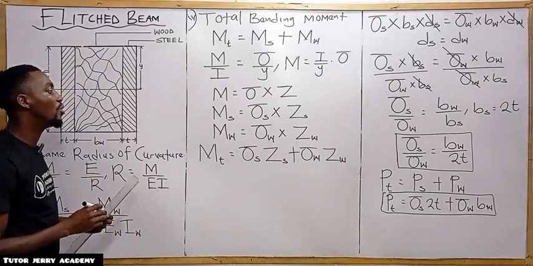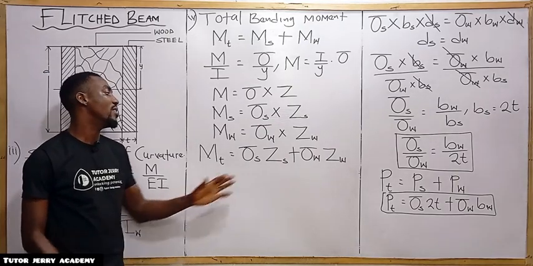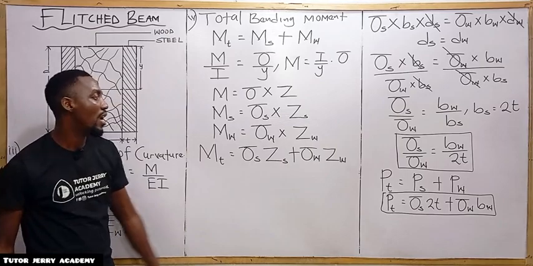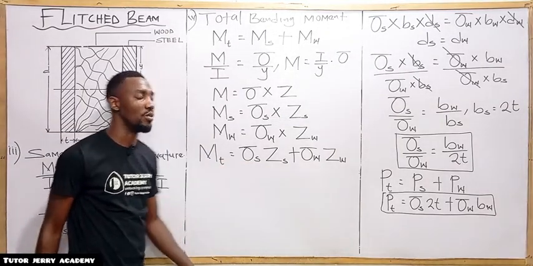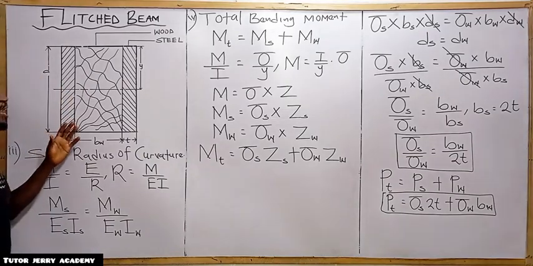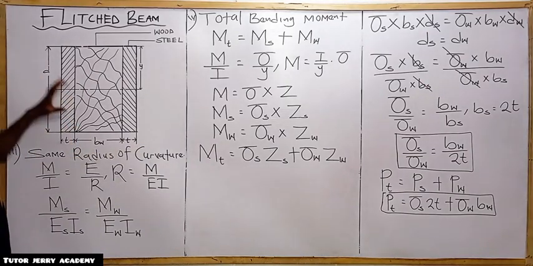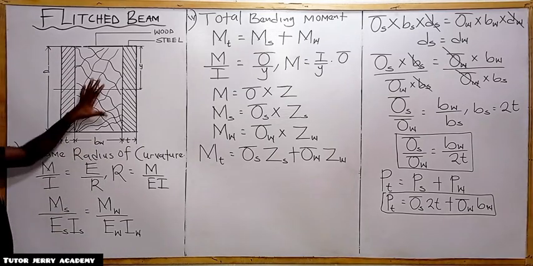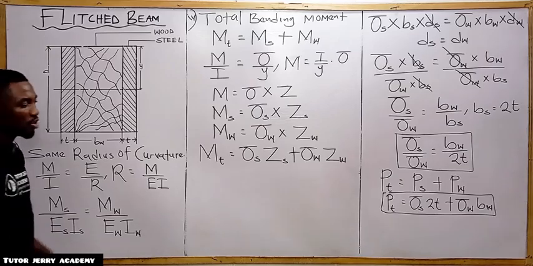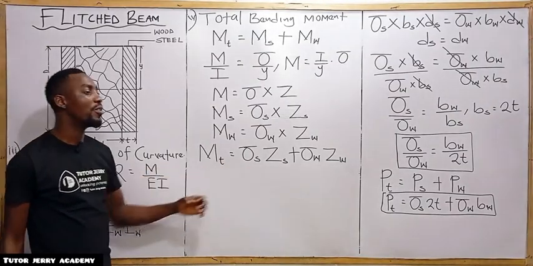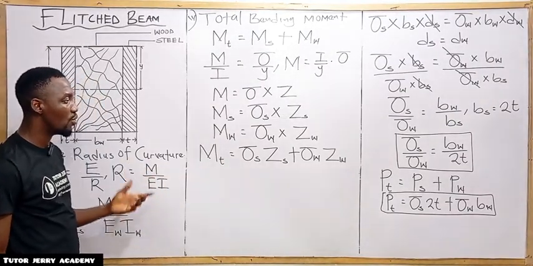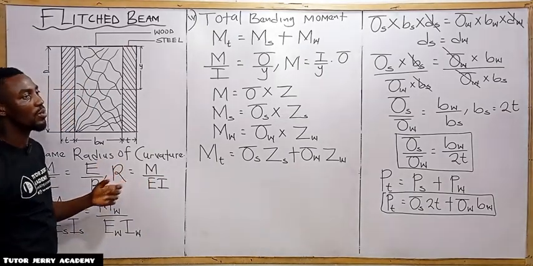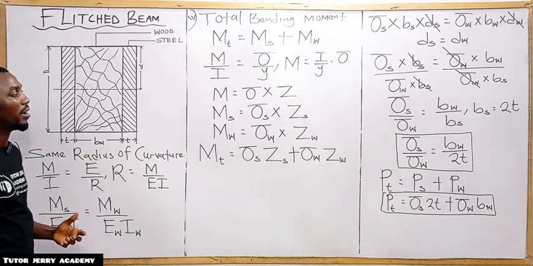So now the next thing you need to note here is what is the section modulus of the steel and what is the section modulus of the wood. If you look at this shape, the steel is rectangular in nature and the wood is also rectangular in nature. So you are going to recall that the formula for the section modulus of a rectangle will be used here, which is nothing but BD squared all over 6.